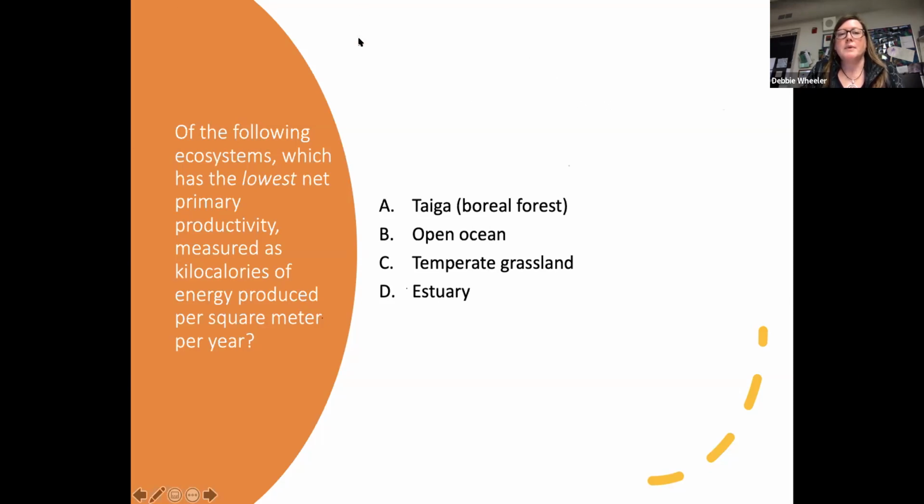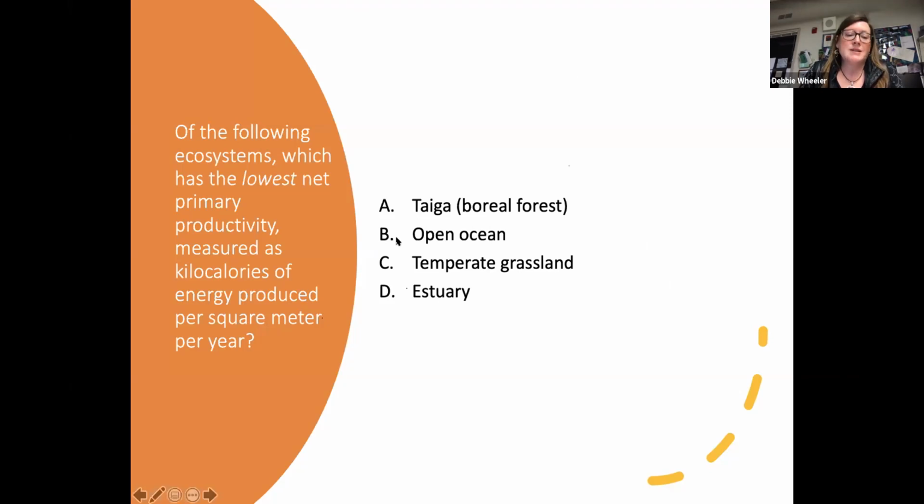I'm seeing a few options here. An estuary is also known as a delta, and it's going to be where a river enters the open ocean.